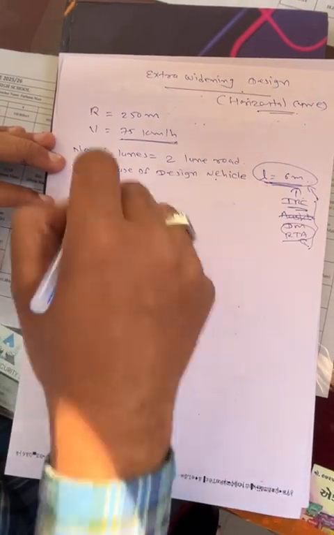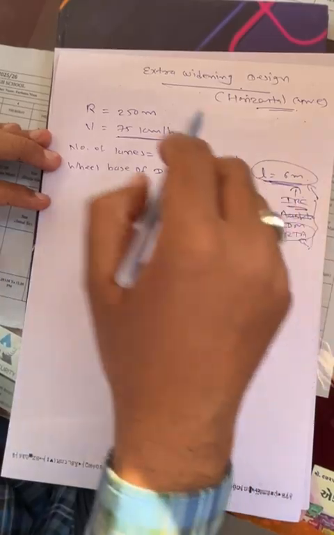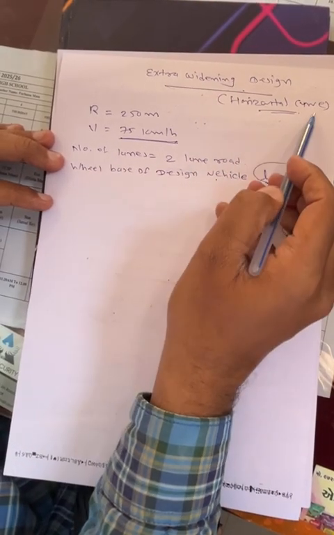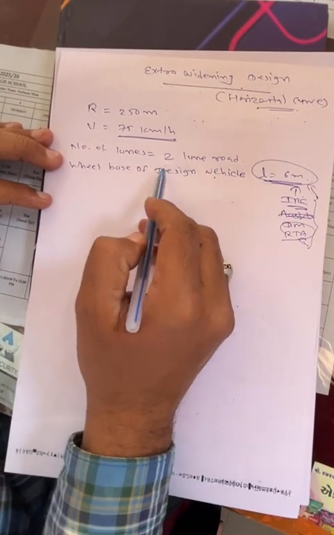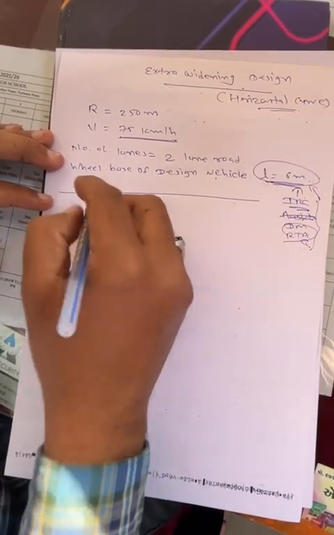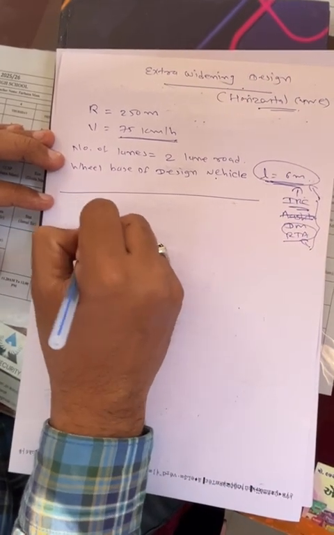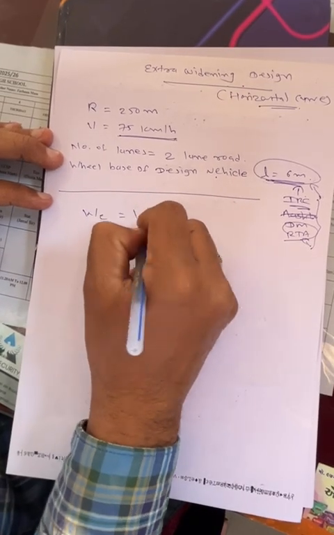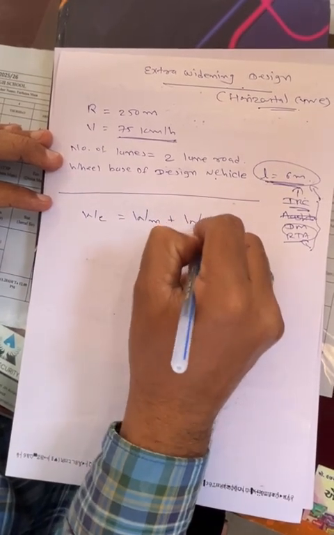So now we have these values, and we have to do extra widening for the horizontal curve. If you want to do extra widening, we have one equation: WE is equal to WM plus WP.